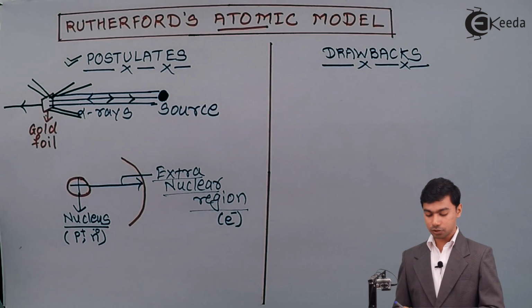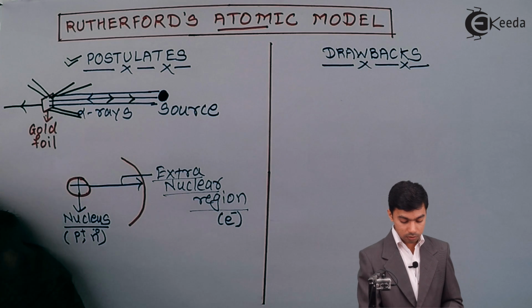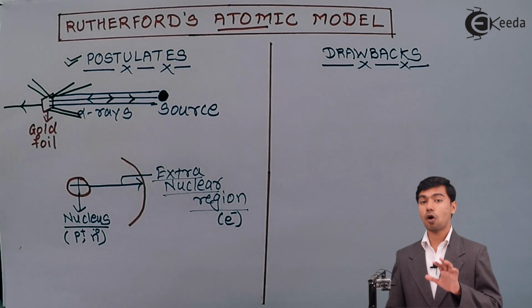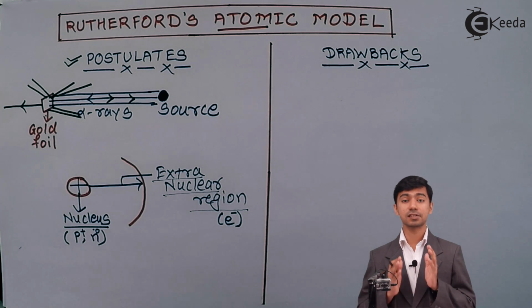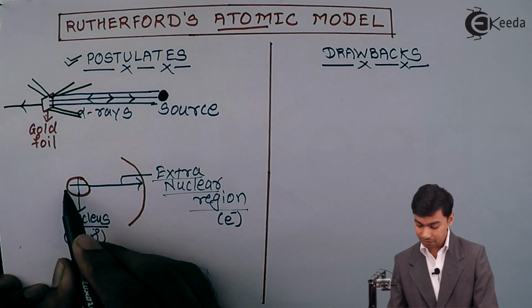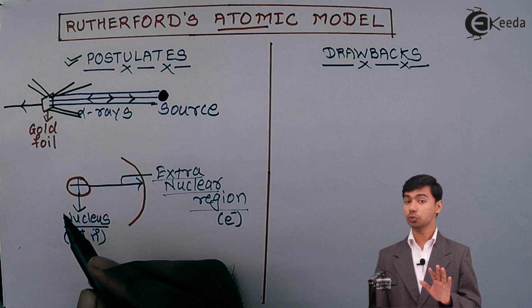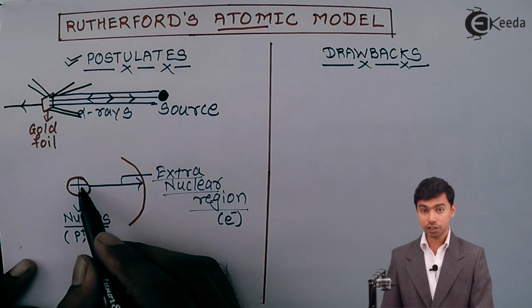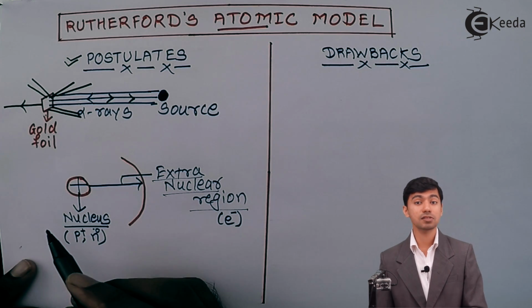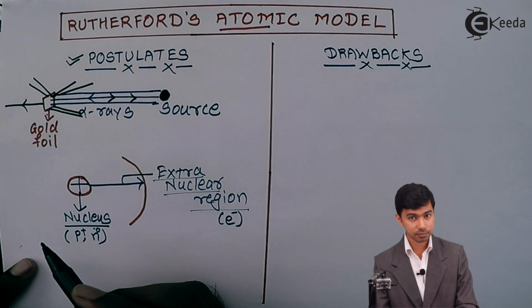The second assumption of Rutherford was about the total mass of an atom. The total mass of an atom is concentrated at the center of the atom, that is, at the nucleus only. That means the mass of the nucleus is nothing but the mass of that particular atom.